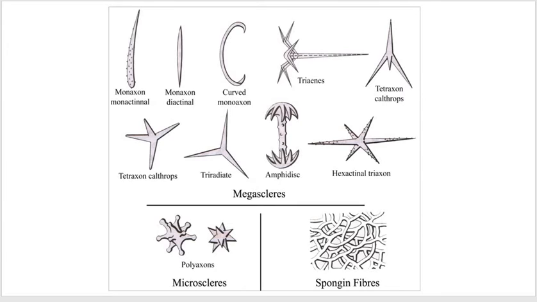The spicule also shows various types on the basis of shape, either disc-like or ray-like, each with different names. Again, based on their size, small or large, they have names. Now we can see all the types of spicules one by one.